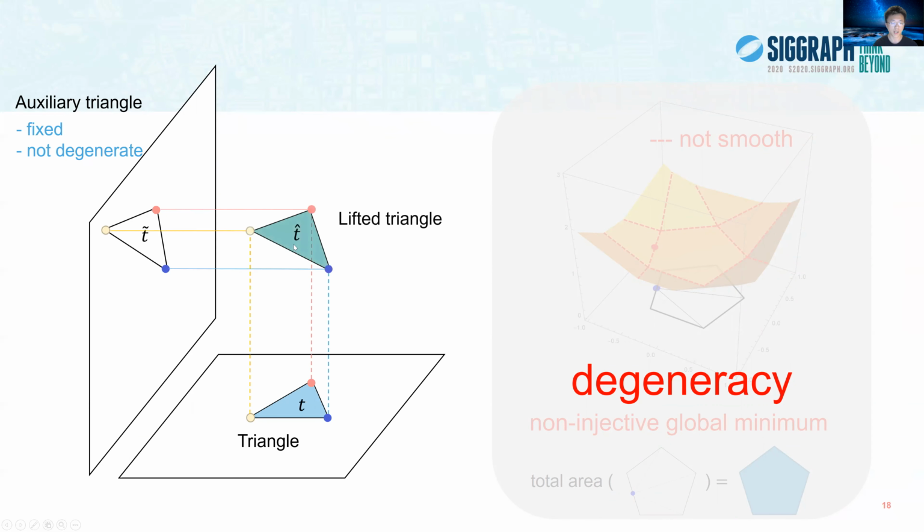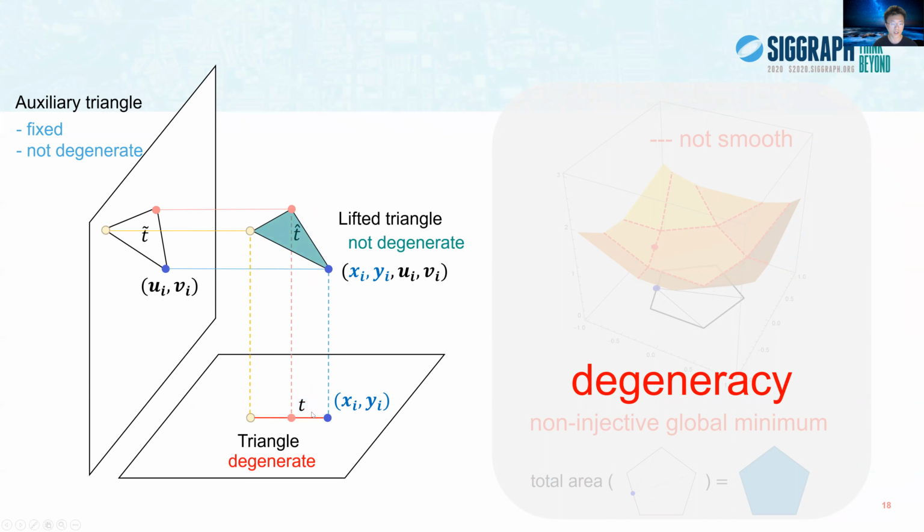We further combine the two triangles to get a lifted triangle. More precisely, the lifted triangle is obtained by concatenating the coordinates of the original triangle T and the auxiliary triangle T tilde. The idea is, even if the original triangle T becomes degenerate, the lifted triangle will not be degenerate because it always has some contribution from the auxiliary triangle, and the auxiliary triangle is not degenerate.